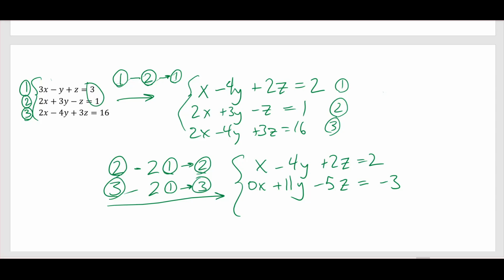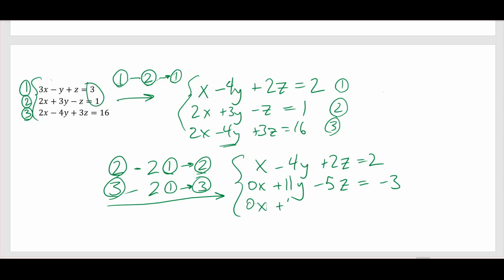Okay, so now we've got the third row. We're going to take row 3 minus 2 times row 1. All right, let's do it. So row 3 in this position has a 2. Minus 2 times row 1 would give us 0. Okay, so now we've got negative 4 in the y position. Minus 2 times row 1, so that's going to be negative 2 times negative 4, which is positive 8.